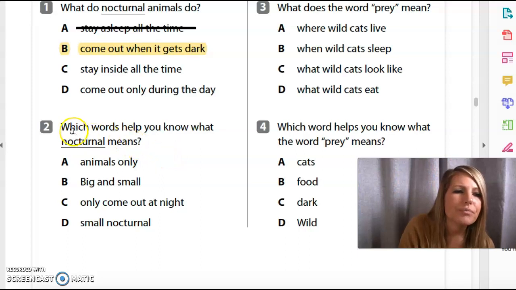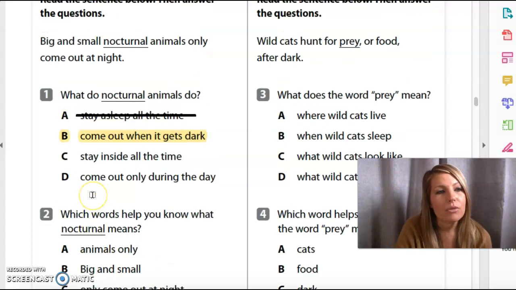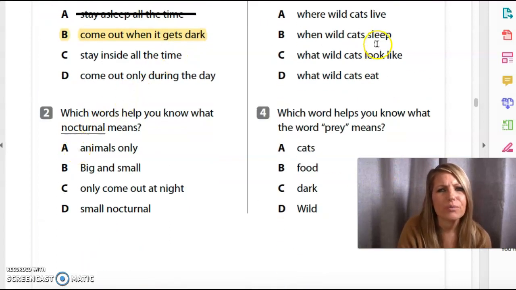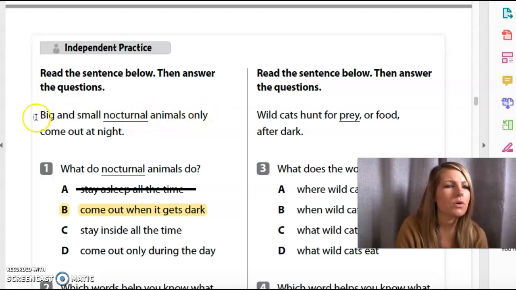Number 2. Which of the clues in the sentence helped us figure out what nocturnal meant? Animals only? Did that help us figure out what nocturnal animals are? No. What about big and small? It says big and small nocturnal animals only come out at night.